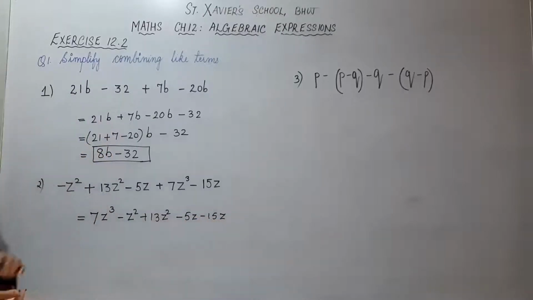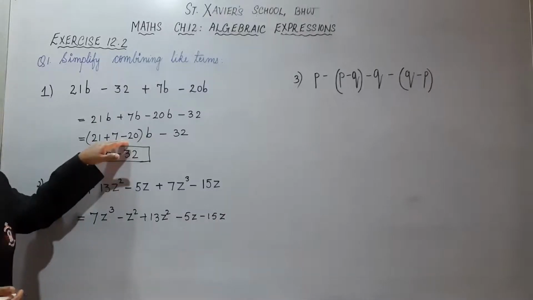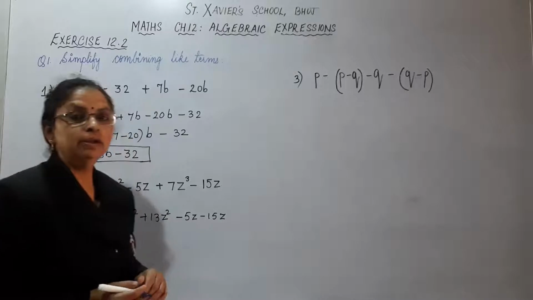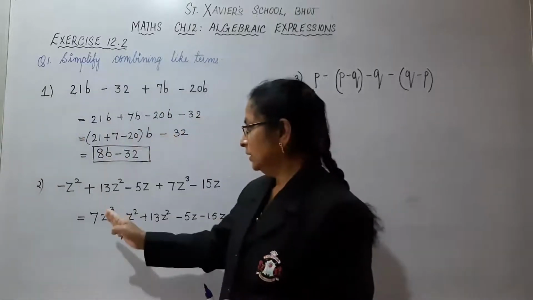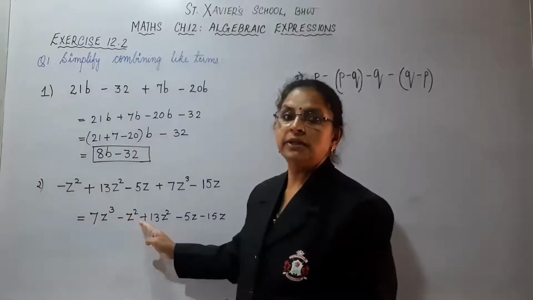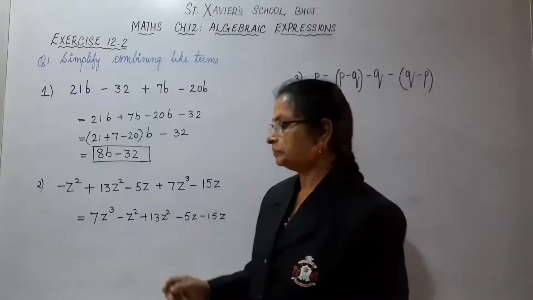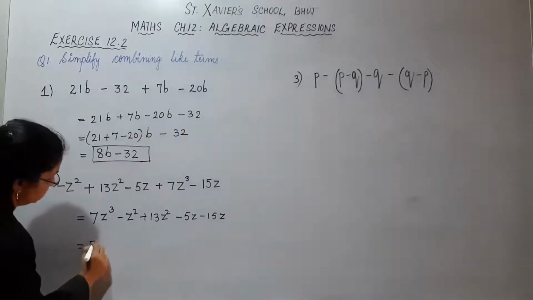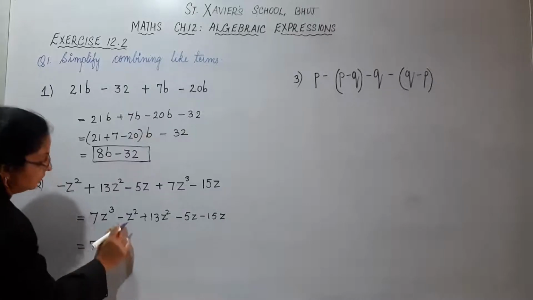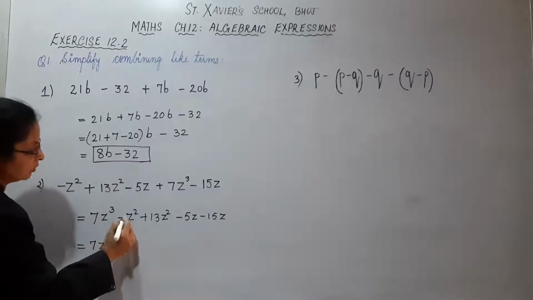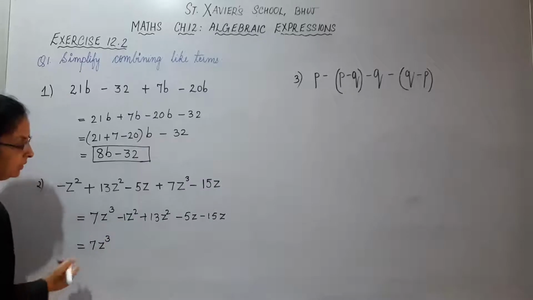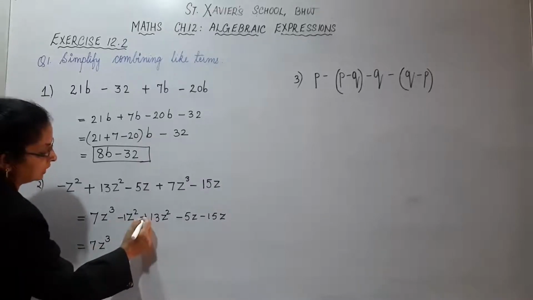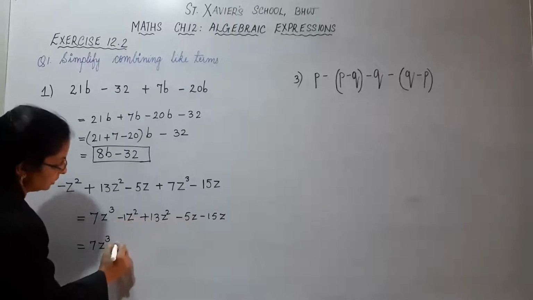It is not necessary that you have to add the coefficients in this way. Directly, if you can do it, you can solve it. Look at these coefficients and then directly you can add. Let's see. 7z cube minus z square, which means the coefficient here is 1, so minus 1 plus 13. 13 minus 1 is 12.